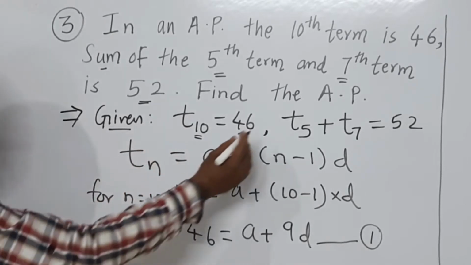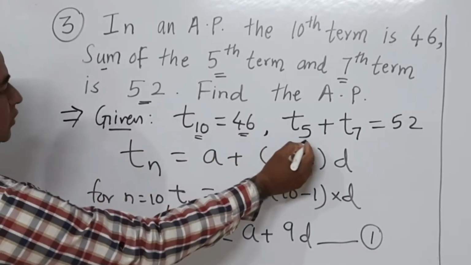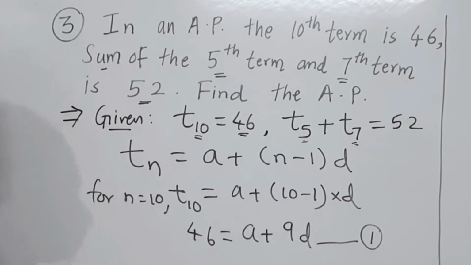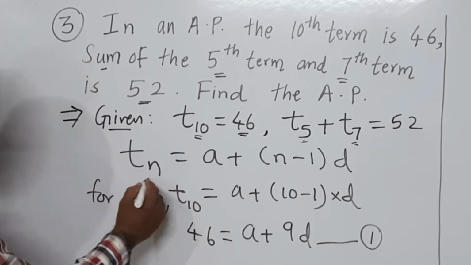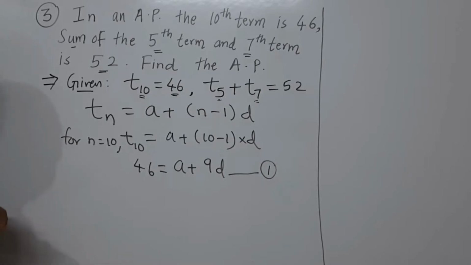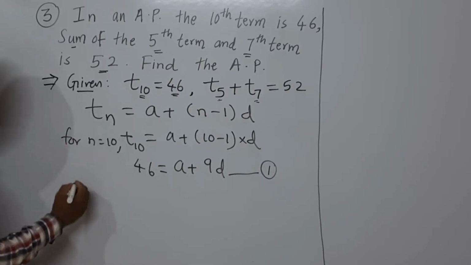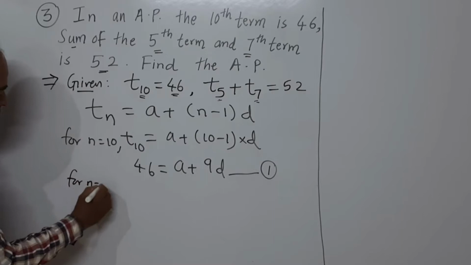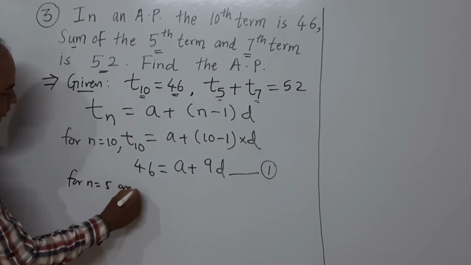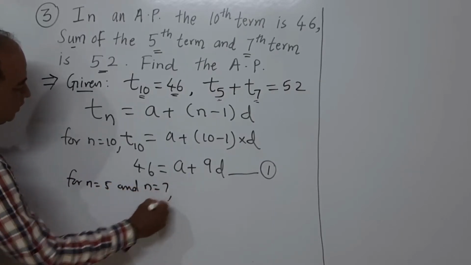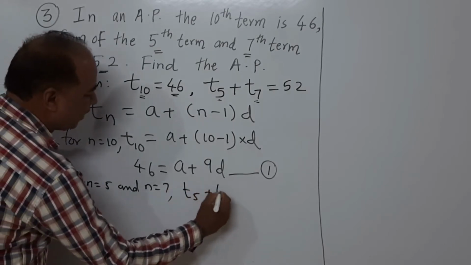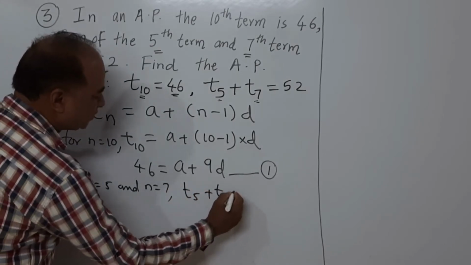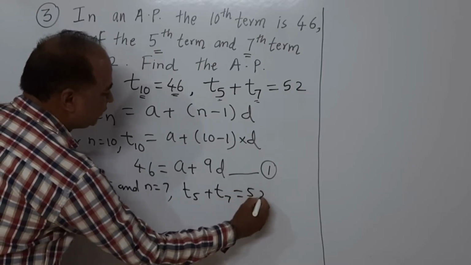Now for n is equal to 5 and n is equal to 7, we will substitute the values in the formula simultaneously. It is given that the fifth term plus the 7th term is equal to 52.